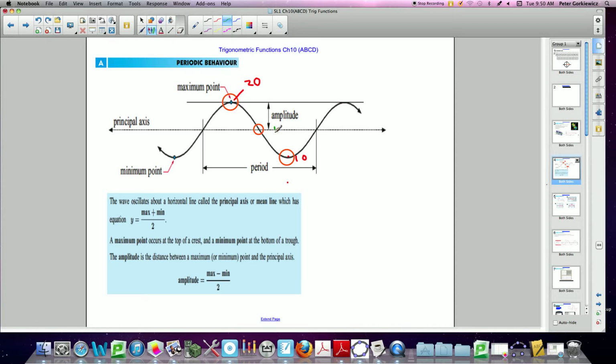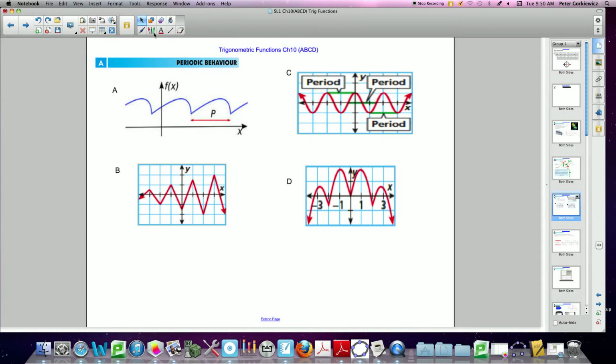Well, 15. So this equilibrium point has to be 15 because it's halfway between here and here. And therefore the amplitude is going to be 5, right? Even though it's 10 between the maximum and minimum, it's 5 between the maximum and equilibrium, or minimum and equilibrium. And that's all this says.